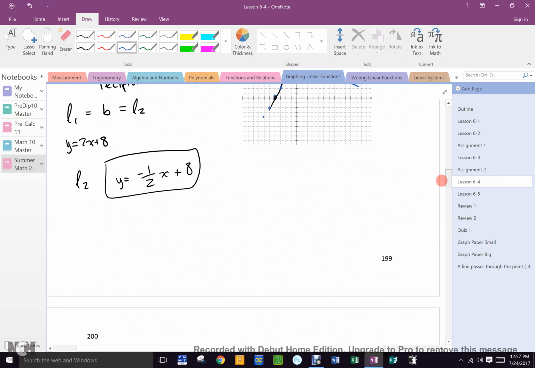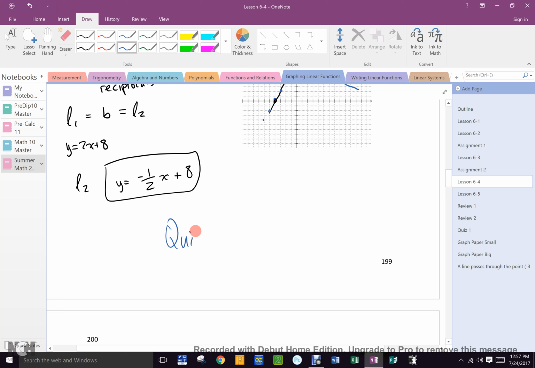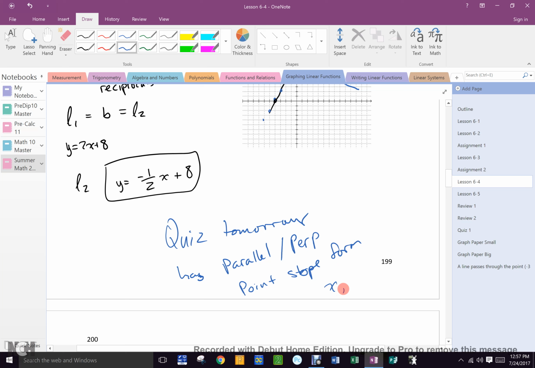Okay, your quiz tomorrow has parallel, perpendicular, and point slope form. Remember, point slope form, I'll write it on the board, gives you an x and a y to start and a slope.